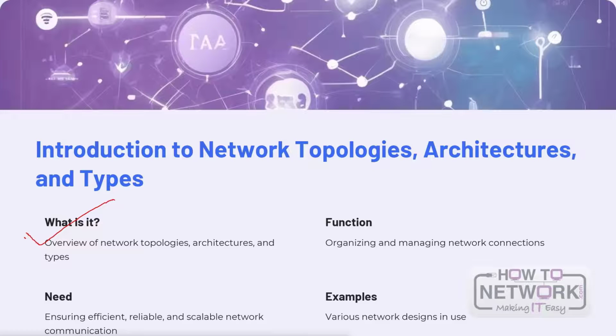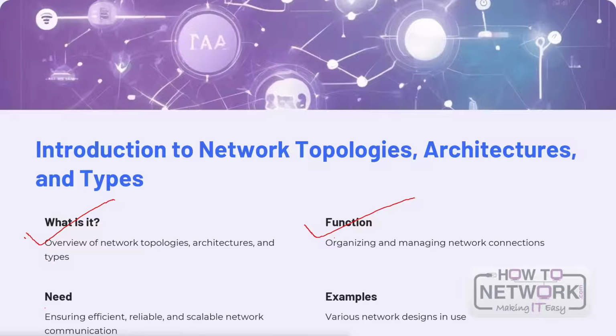Network architecture, on the other hand, describes the overall structure and organization of the network, encompassing the design principles, protocols, and technologies used to manage data flow and communication between various components. Network types further define specific technologies and protocols to build and operate the network.